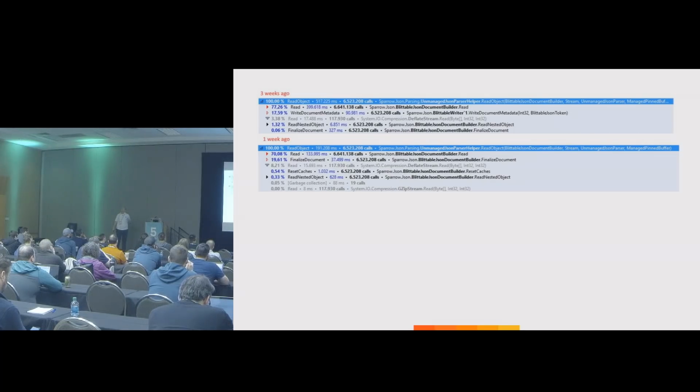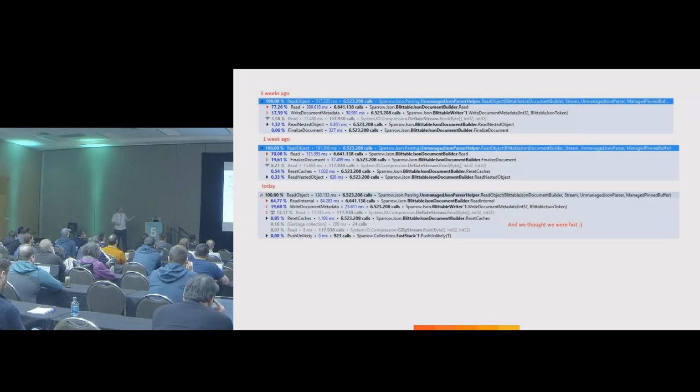For a database, that's huge. I ingest JSON. But then, 1 week afterwards, we were already at almost sub 2 minutes.